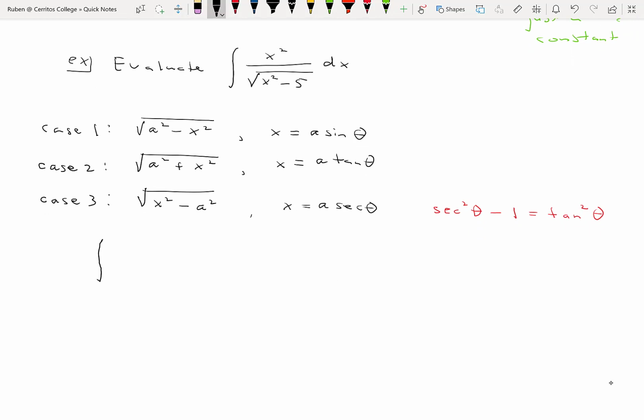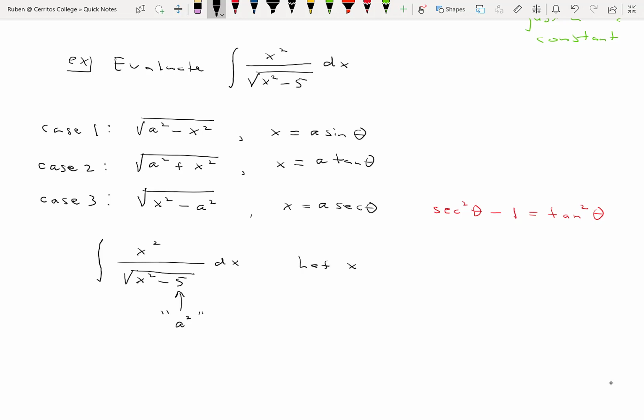Our integral is the integral of x squared over the square root of x squared minus 5, and that x squared minus 5 needs to represent our x squared minus a squared. So that means that the 5 is our a squared. So what's a? Even more specifically, what's our substitution?